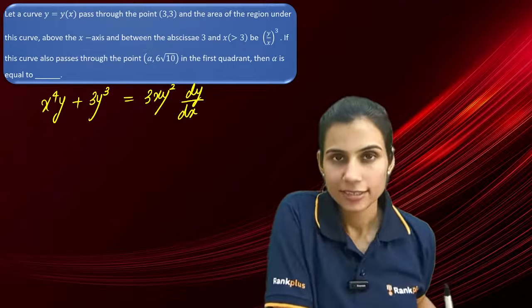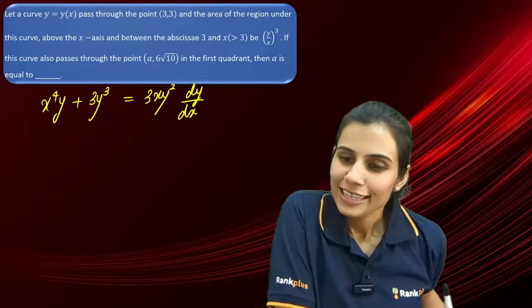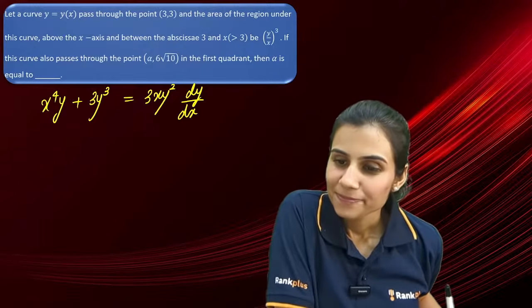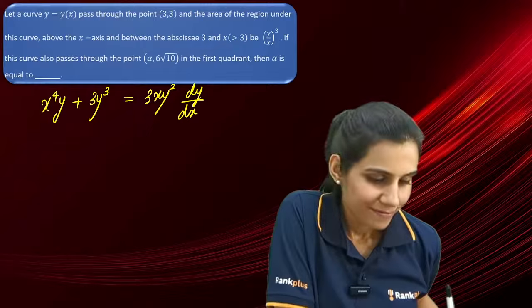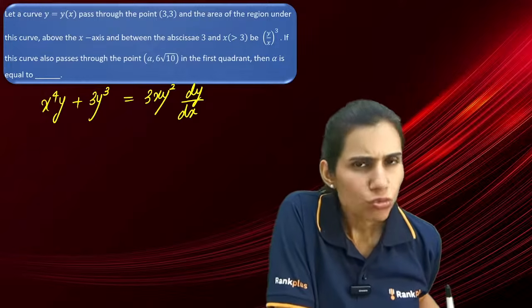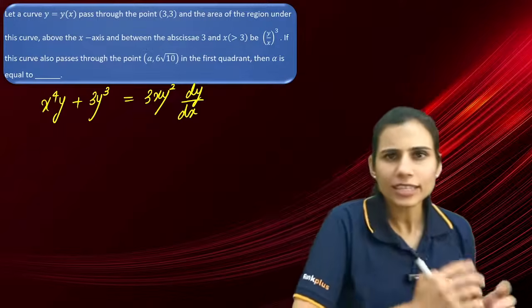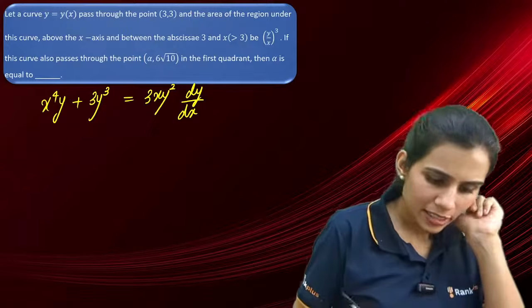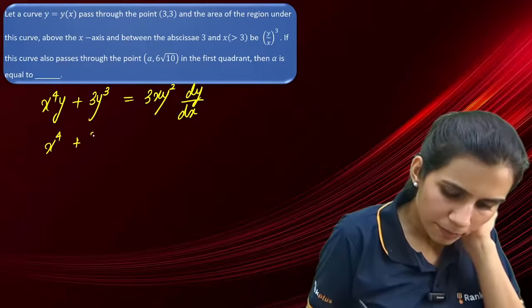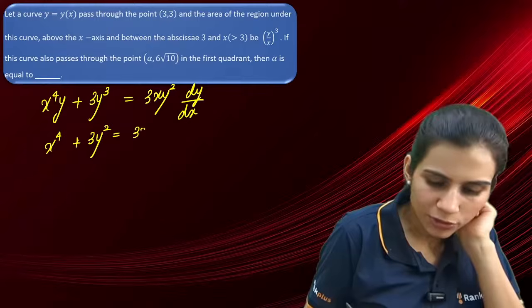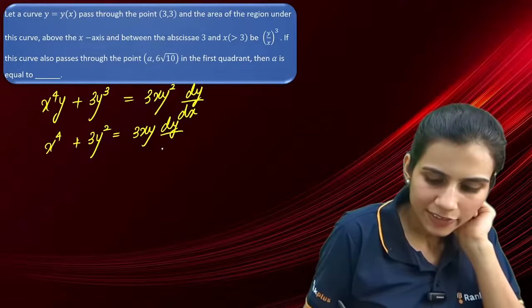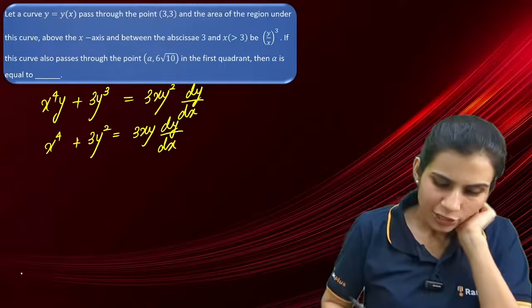Now throughout I can see there is a y which can come out common and get cancelled. So I will get x to the power 4 plus 3y square equal to 3xy dy by dx. Can you simplify this?